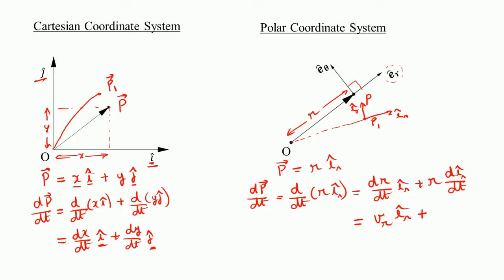Then I can write r into der by dt. Now the main condition here is to find out this der by dt. Now dp by dt I will write as velocity v. So velocity v is given as vr into er plus r into der by dt. Let this be equation number 2 and let this be equation number 1.